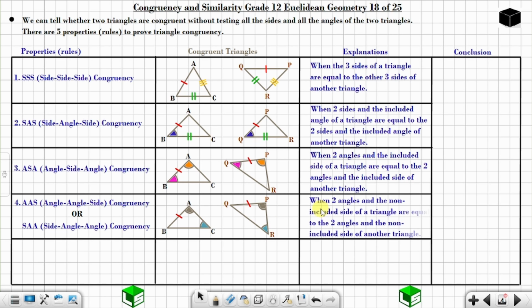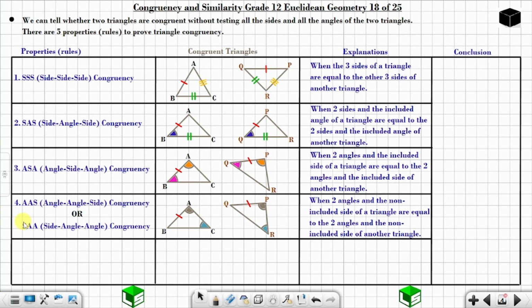So when two angles and the non-included side, meaning the side is not in between the two angles, of a triangle are equal to the two angles and the non-included side of another triangle, as in this case, you can conclude that the two triangles are congruent.